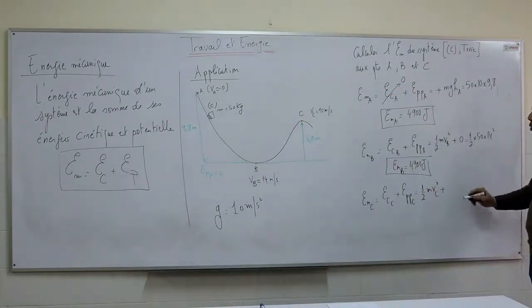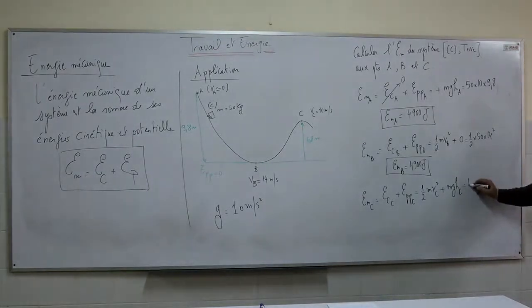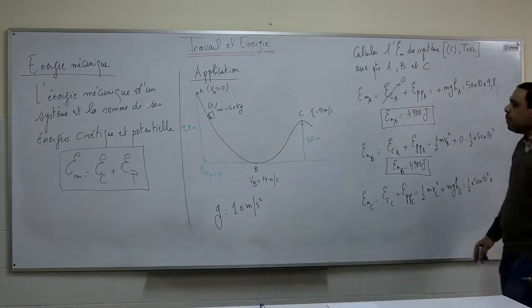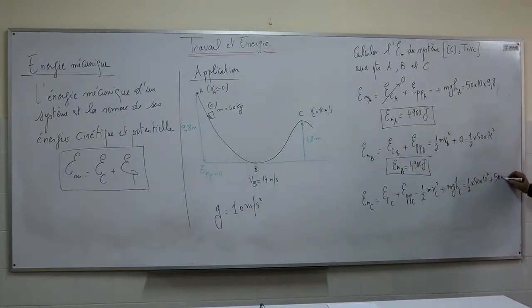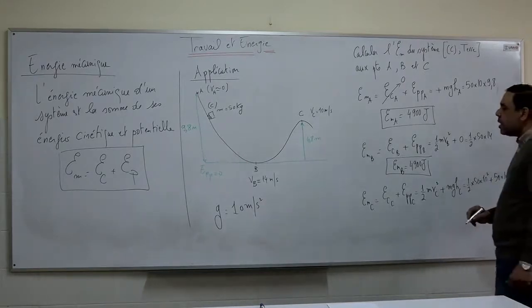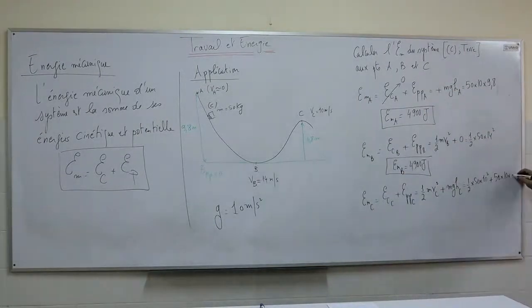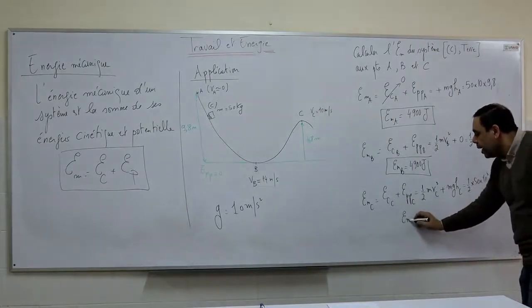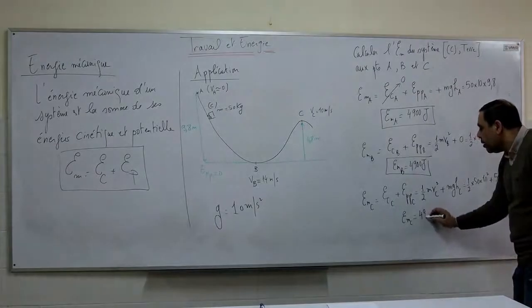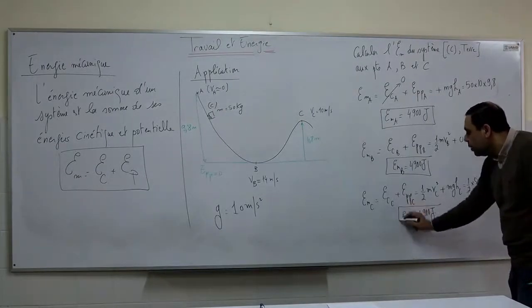Then the gravitational potential energy at C is plus mgh_C, equals half times 50 times 10 squared plus 50 times the height of point C, which is 4.8 meters. The result is 4,900 joules.